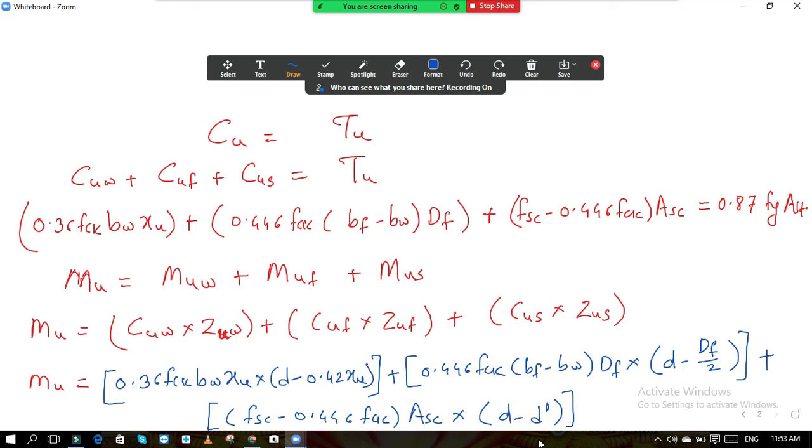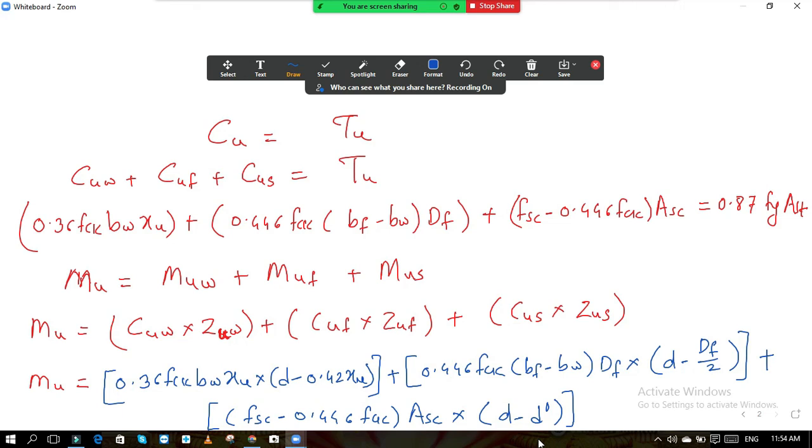There are no cases in the flanged doubly reinforced section, just these two equations: C equal to T is one equation, and MU equal to MUW plus MUF plus MUS is the other. Just put the values and you will get the answer. In this way, the formulas are there for doubly reinforced flanged sections also.